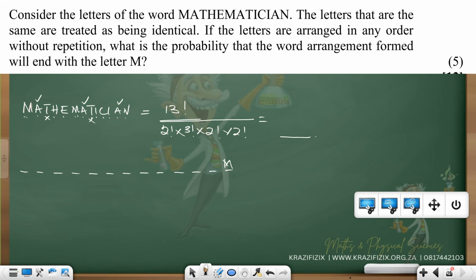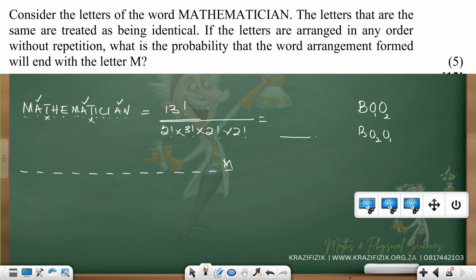So, what do they mean by the letters that are the same are treated as being identical? They are treated as, for example, check this. If I say BOO, the O's are identical. Okay, check this. If I say O1, O2, it means it's a different O now. Which means I can write BO2, O1. It's not the same. Because I'm spelling, I say BO2 and O1.